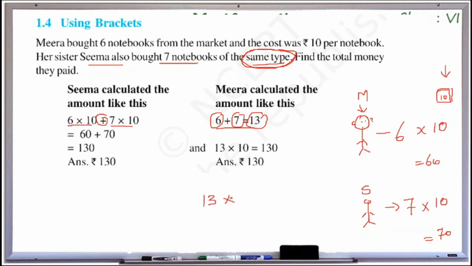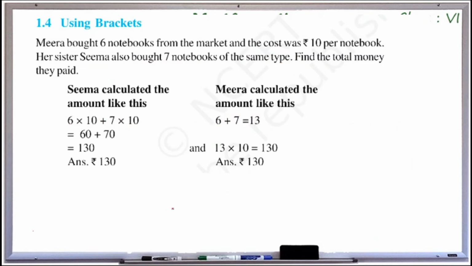Then same type of books have the same price, so I multiply it by 10. So 13 into 10 is equal to 130. So both ways are correct. Therefore I can write 6 plus 7 into 10 equals 130.